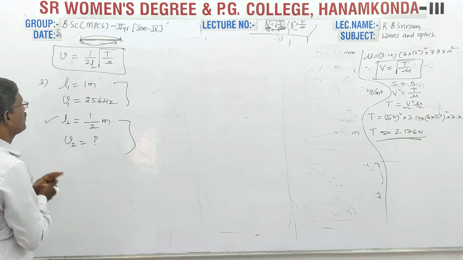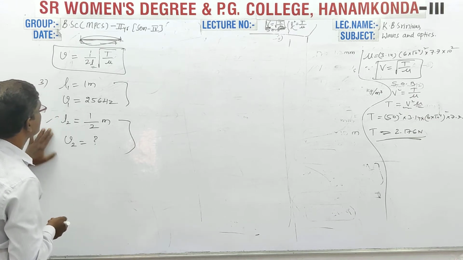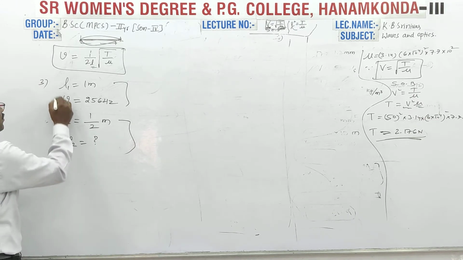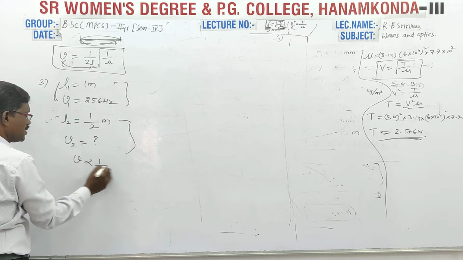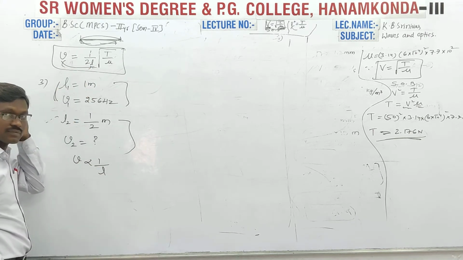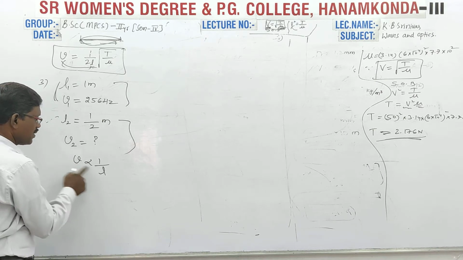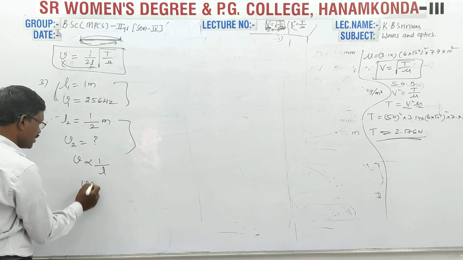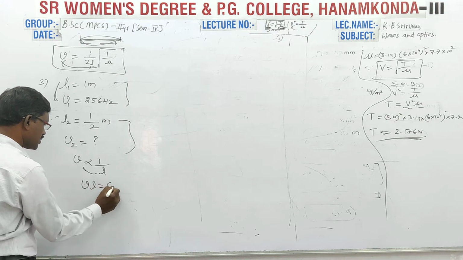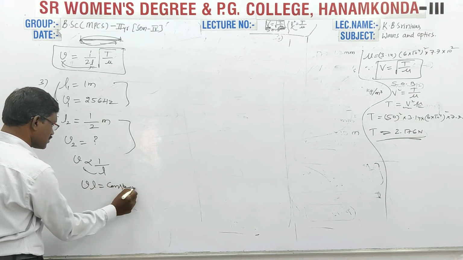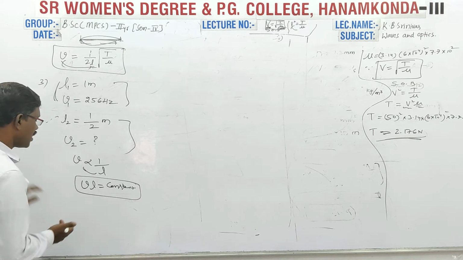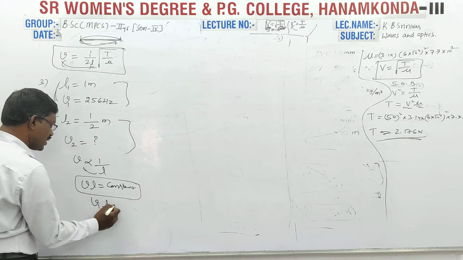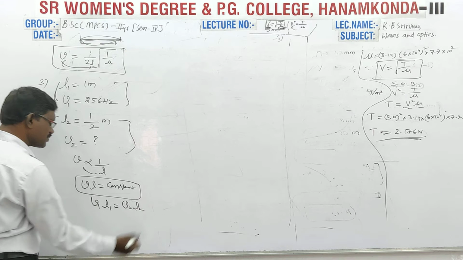Clear? So, which equation we have to use? What is the relation between nu and L? Inversely proportional. Nu is inversely proportional to L, the first transverse law, already explained. Or nu into L is equal to constant. This is the formula we have to use. So, nu1 L1 is equal to nu2 L2.